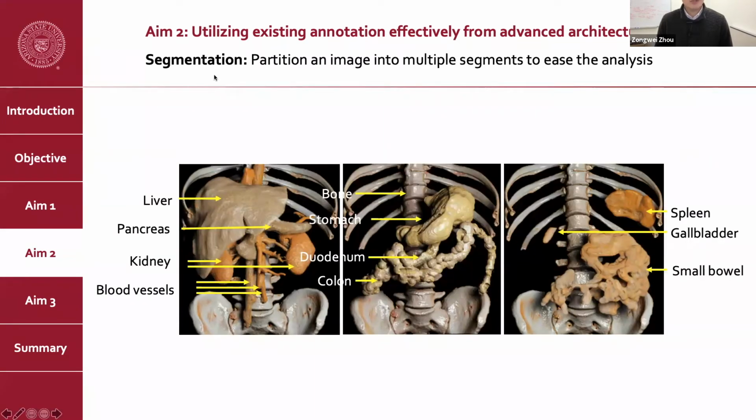Here I use image segmentation as the example. Image segmentation is a task to partition an image into multiple segments to ease the analysis. And it helps quantitatively measure the size of lesions and can make surgery more precise.